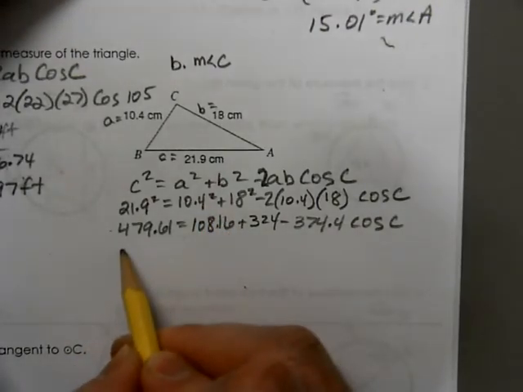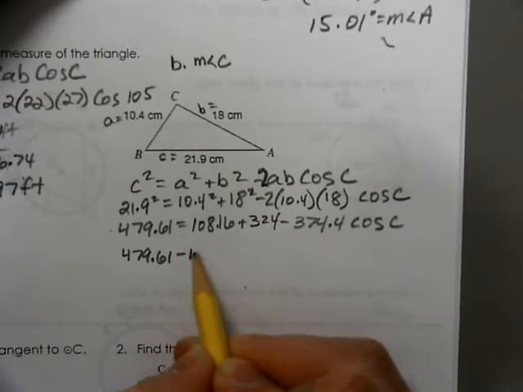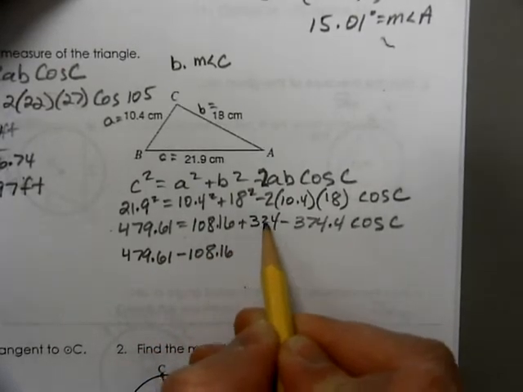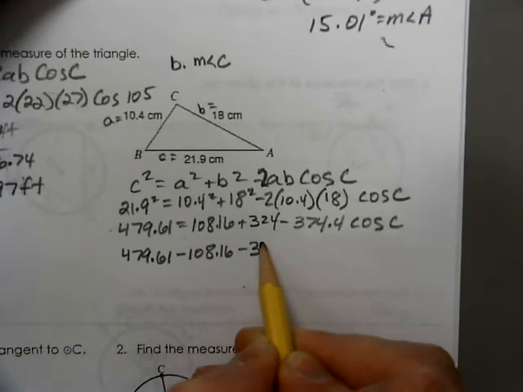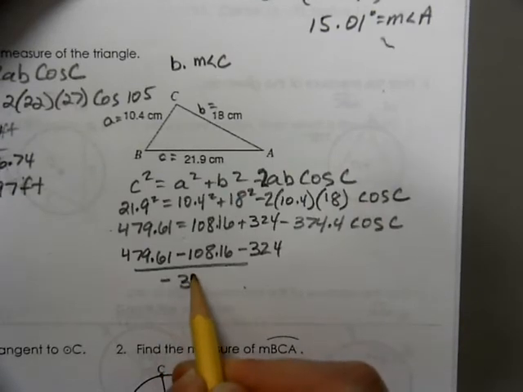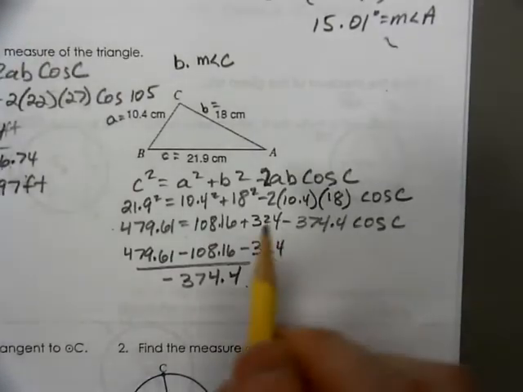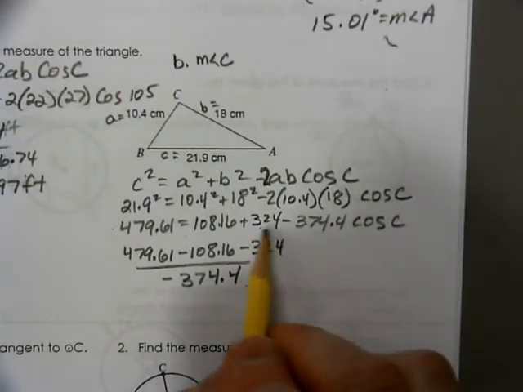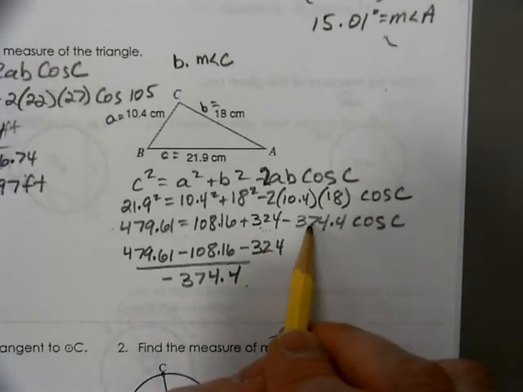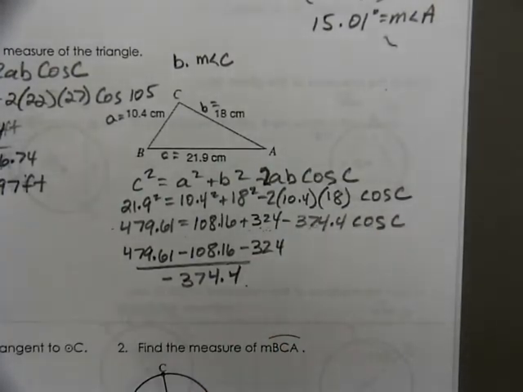So what we're going to do is take our 479.61, we'll subtract the 108.16, we'll subtract the 324, and we're going to divide by the negative 374.4. You cannot subtract these two from each other, because the 374 is hooked to the cosine.